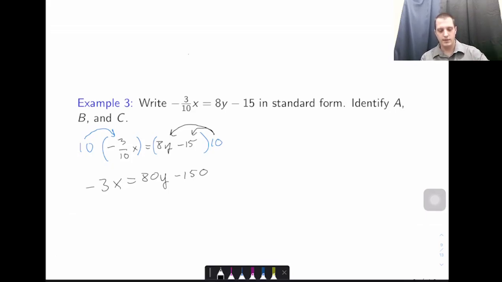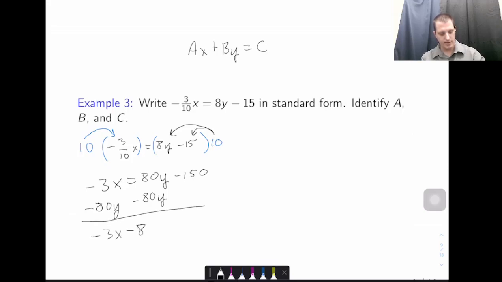Our standard form is ax plus by equals c. So I'm going to subtract 80y from both sides and get -3x minus 80y equals -150. I'm going to do one more step.